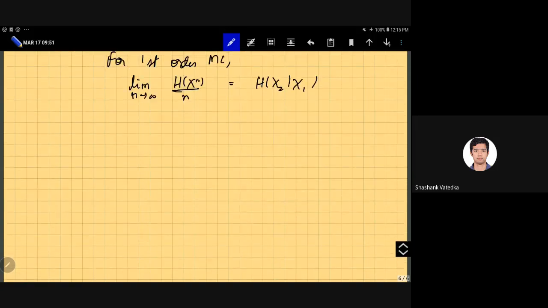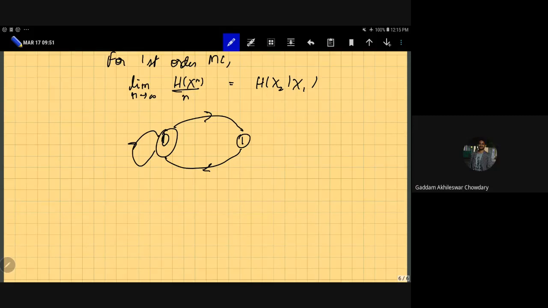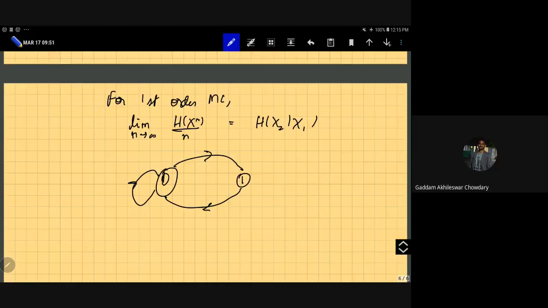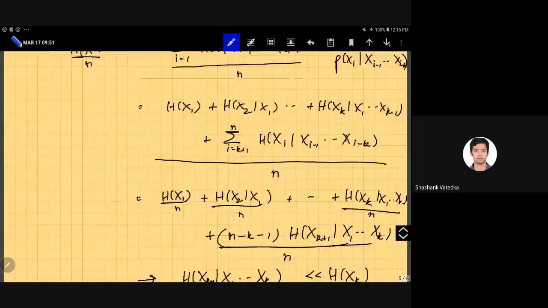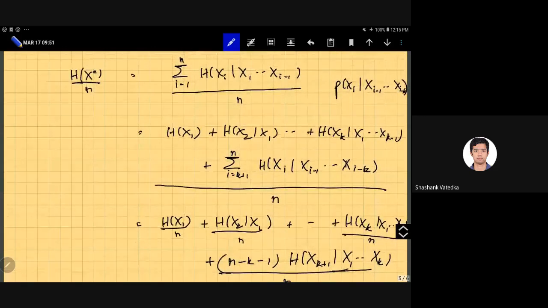Now consider a Markov chain with the following transition probabilities. So this H of Xn is nothing but the joint entropy, right? Correct. It's the joint entropy of n symbols.